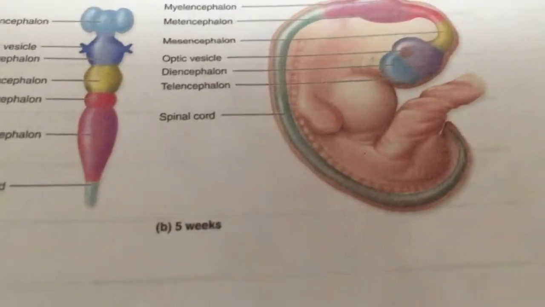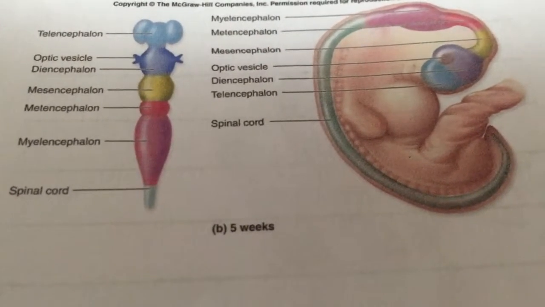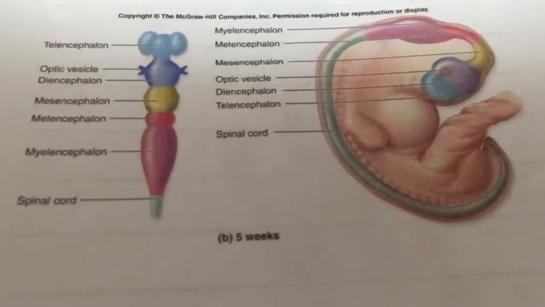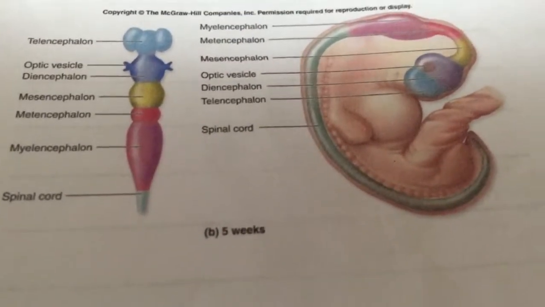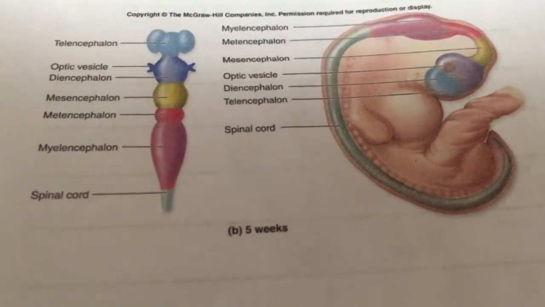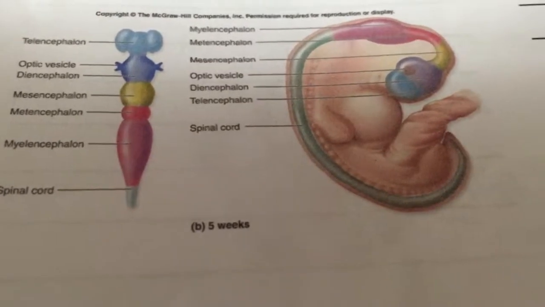The diencephalon is going to give rise to the thalamus, the hypothalamus, and the epithalamus. The mesencephalon gives rise to the midbrain. The metencephalon gives rise to the pons and the cerebellum, and the myelencephalon gives rise to the medulla oblongata.